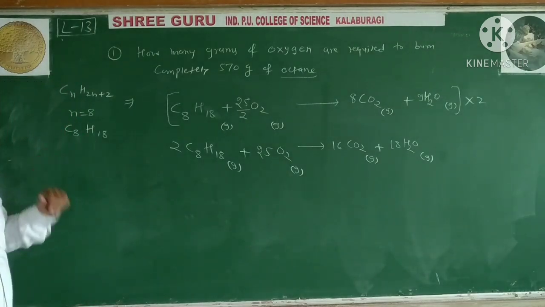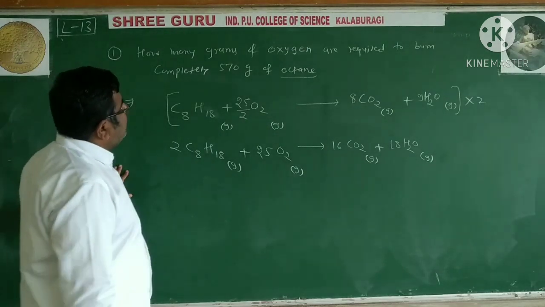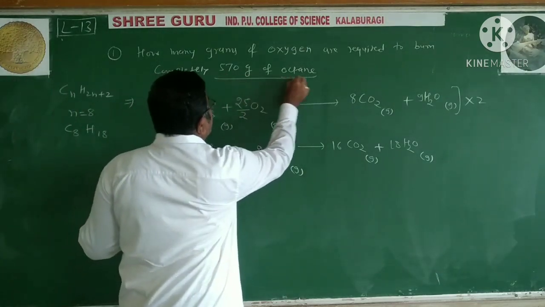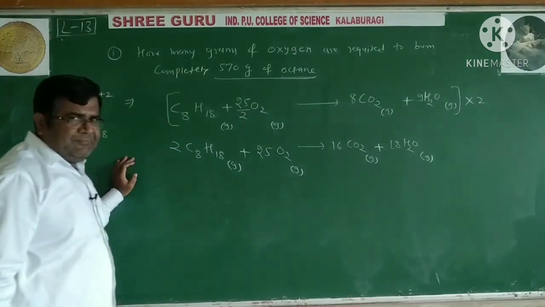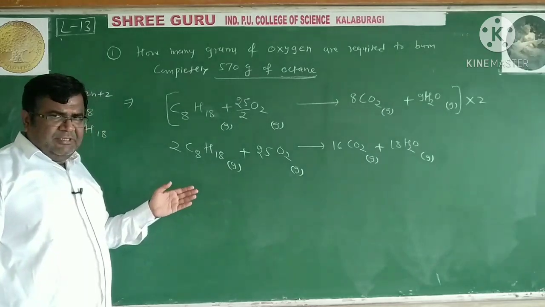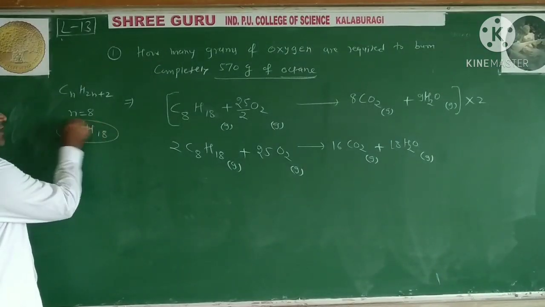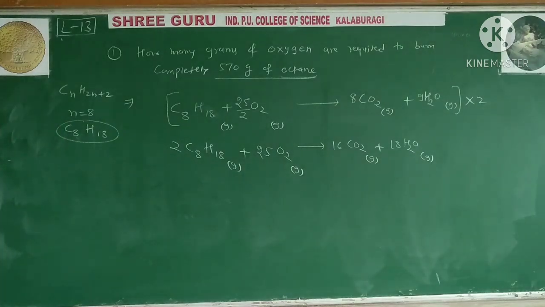Now this equation is before us. Now we can go for stoichiometric calculation. What do they want to do here? They want to burn 570 gram of octane. First we'll see what the equation tells us about the mass. So this C8H18 is the octane.